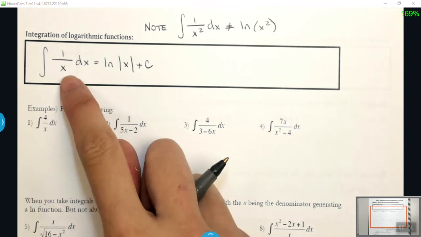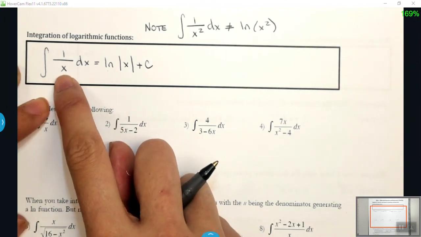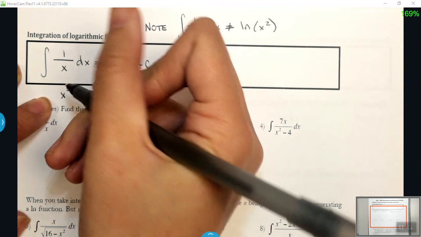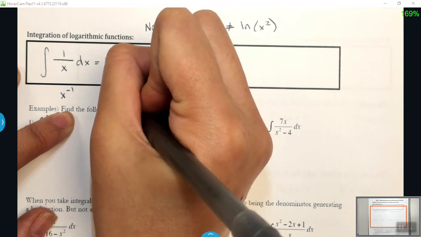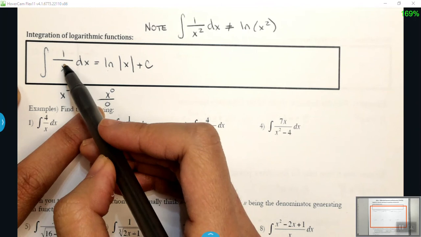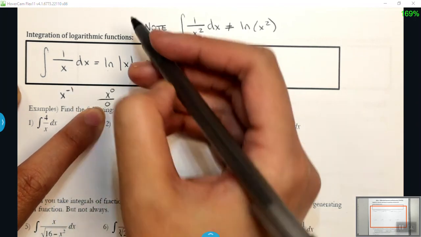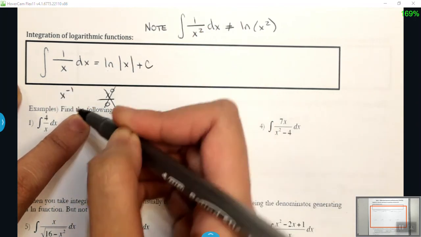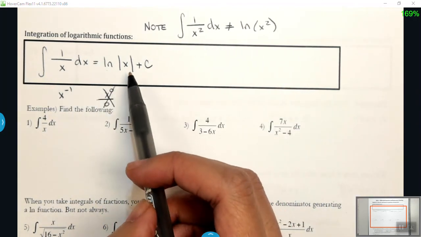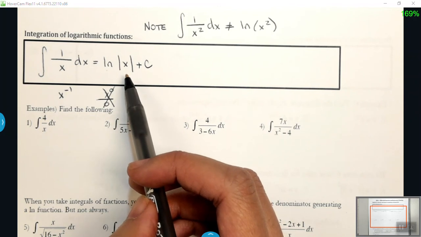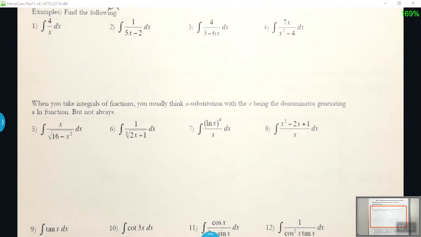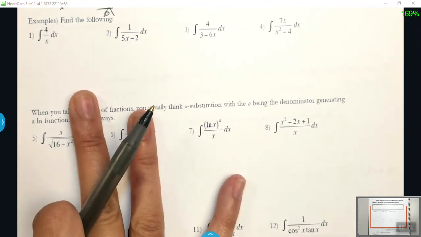So if I tried to use power rule for this, this is x to the negative 1, if I tried to add 1 to the exponent, I would get x to the 0 divided by 0. And that can't happen. So for that reason, this is the only integral that you don't do power rule for, you do natural log for. Okay, so if it's any exponent other than 1 in the denominator, then it's not a natural log integral.